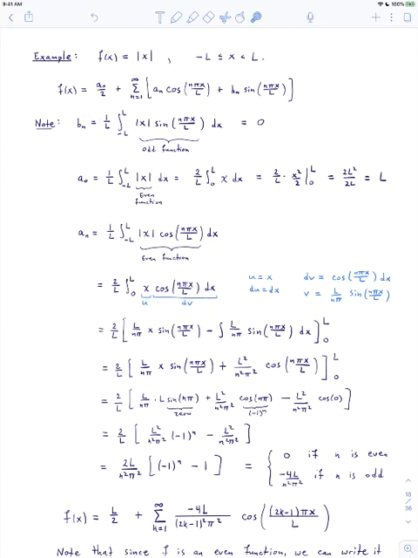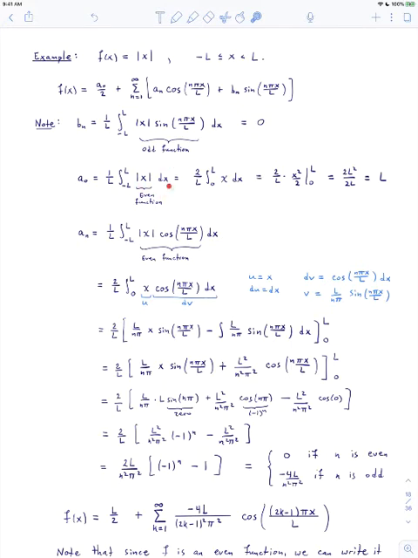Well, what about the an terms? These won't all be 0. So a0, we usually need to compute a0 separately. So a0 is 1 over L times the integral from minus L to L of the function f. Really, it's just where n is equal to 0 in this formula. But since n is equal to 0, that term just disappears. Cosine of 0 is 1.